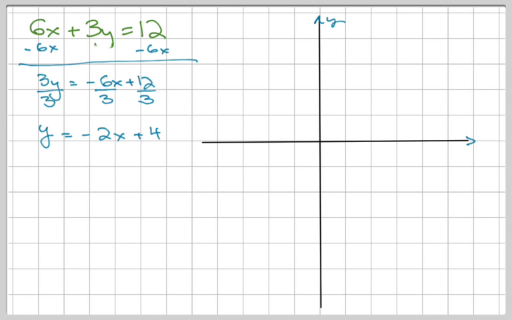What's the slope? 2 over 1, rise over run. What's the y-intercept? 0, 4. 1, 2, 3, 4.